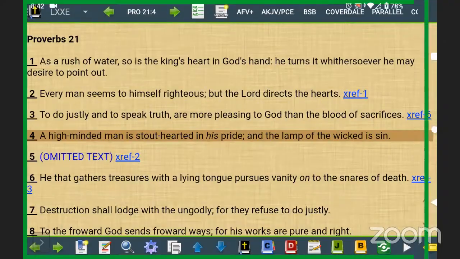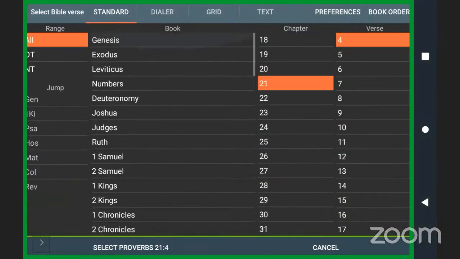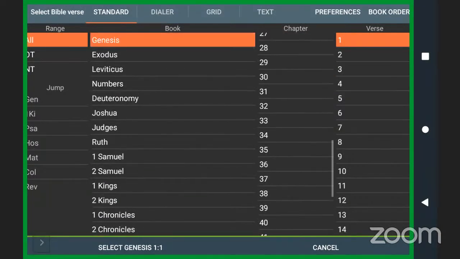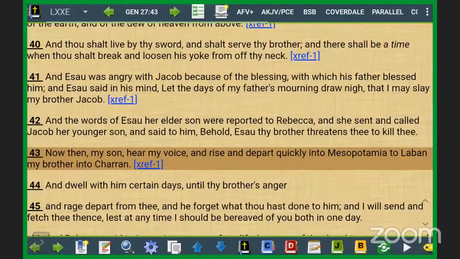So this is the Brenton here. So Genesis, is it 27:43? Okay, so 27:43. Here it says, "And now my son, hear my voice, and rise and depart quickly into Mesopotamia to Laban, my brother in Haran."